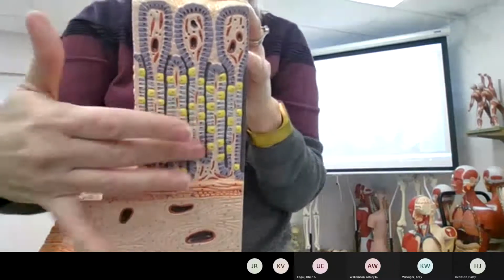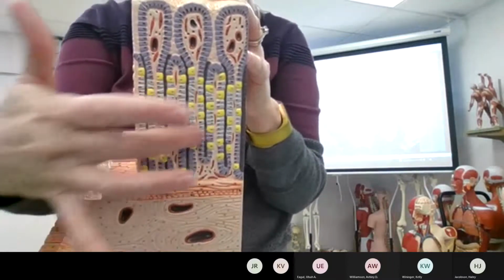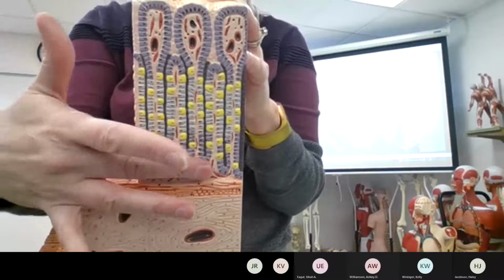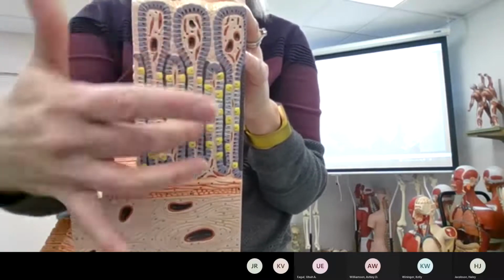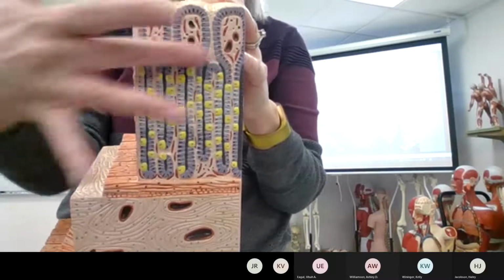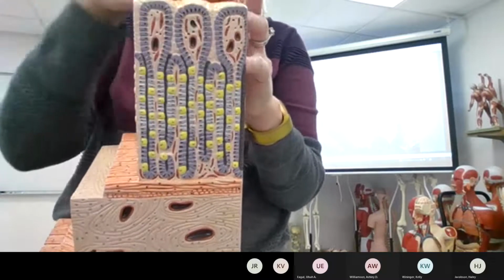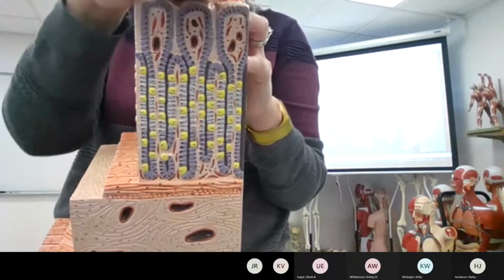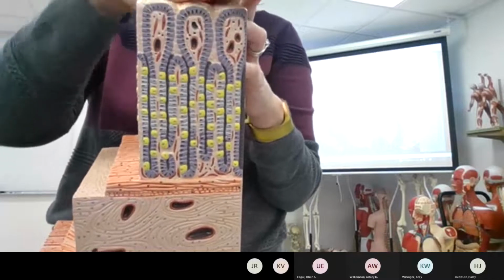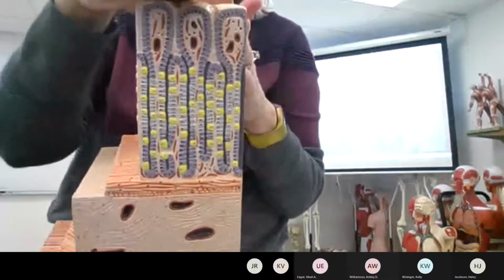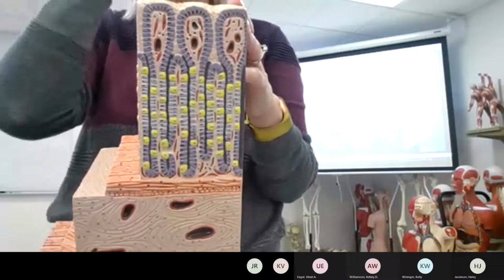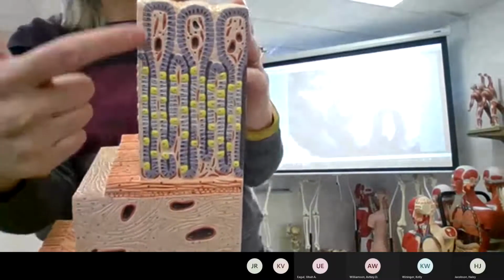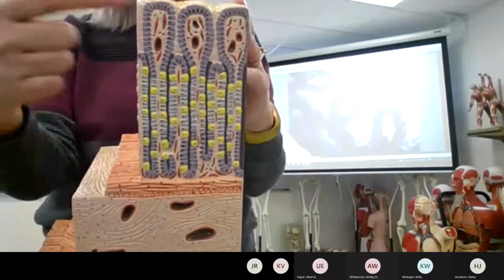So they kind of specialize, but they're still simple columnar cells forming glands, and then as needed, they will divide and multiply and potentially move up and replace these simple columnar cells up here that are exposed to those enzymes and exposed to that 2 to 3% acidic environment and are in need of constantly being replaced. Okay, so these are simple columnar, right? They don't really show the goblet cells as well on this model.